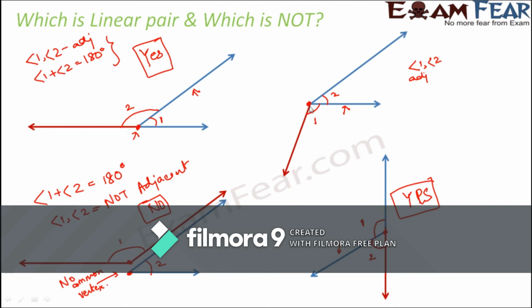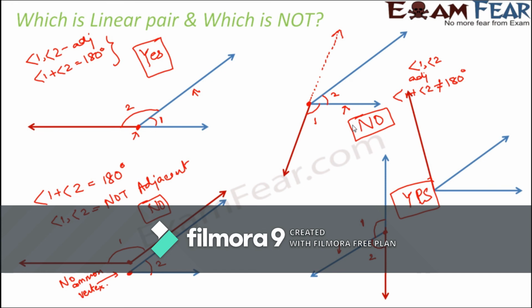Had the rays been running exactly opposite to each other, the ray would have been somewhat like this. But here it is like this. Therefore, in this case, angle 1 plus angle 2 do not make a straight line. Therefore, the sum is not equal to 180 degrees. So here also both conditions are not satisfied. Therefore, 1 and 2 do not form a linear pair.